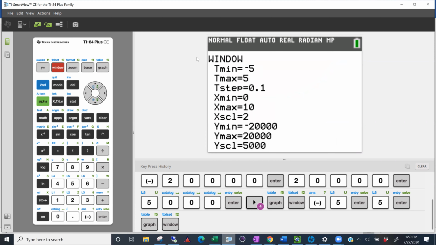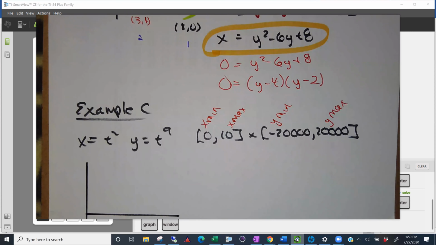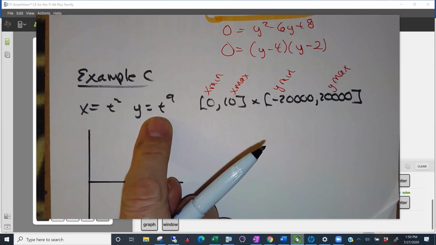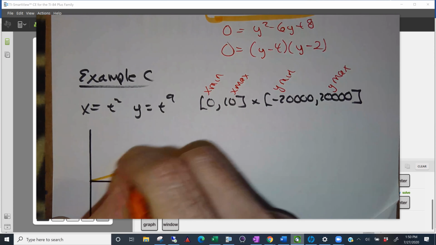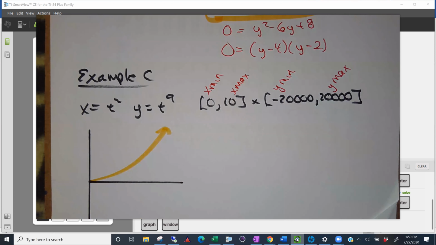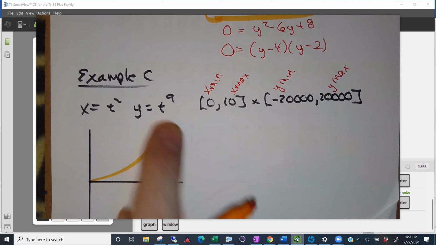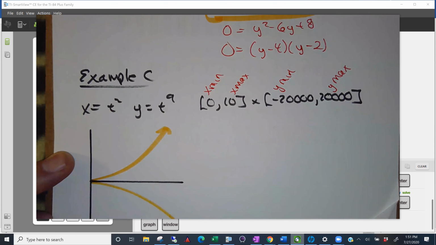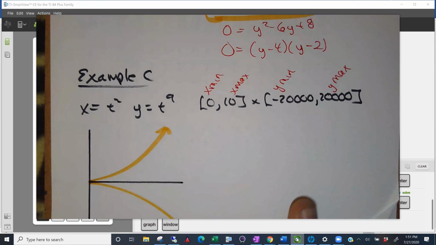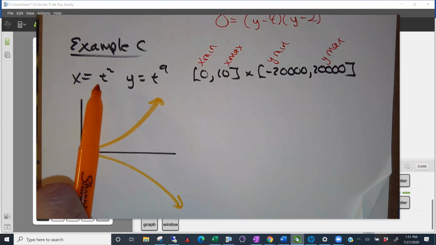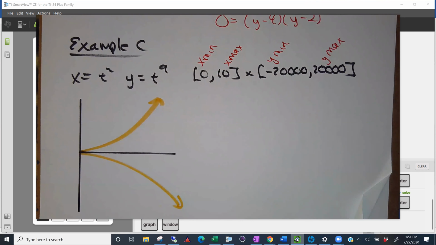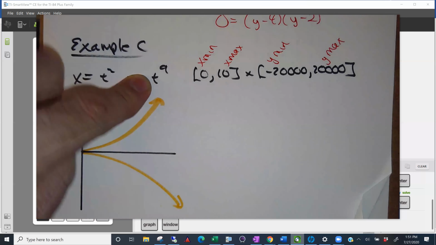In graphing this, if I only chose positive values for t, I'd only have positive values for y, which is why I was only getting the positive branch. It's only when you choose negative values here that you'd get the negative branch. Okay. X is going to be positive always because x is parameterized as t squared. But y can be positive or negative depending on the value for t.